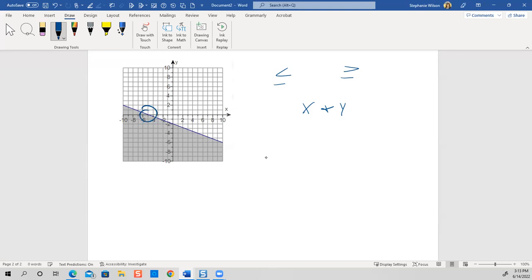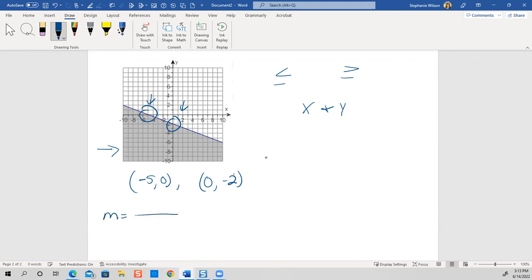I see I have an x-axis and a y-axis here. So what I'm going to do is take those ordered pairs. My x-intercept is (-5, 0) and my y-intercept is (0, -2). And you notice I read left to right. So now let's find our slope.